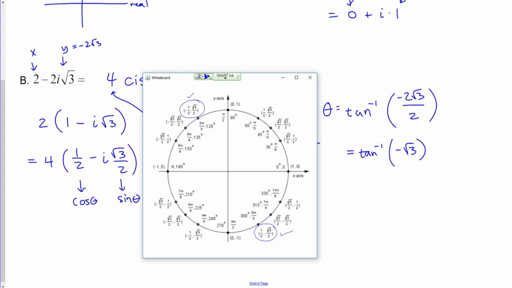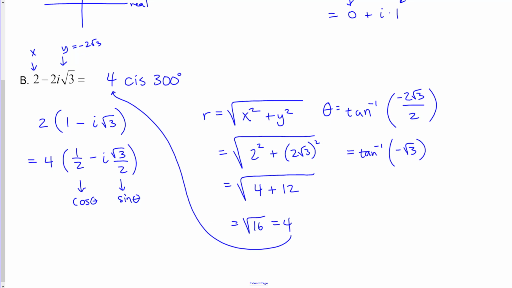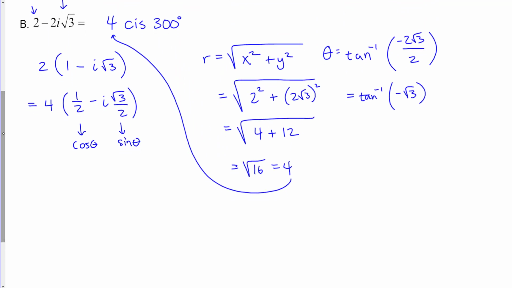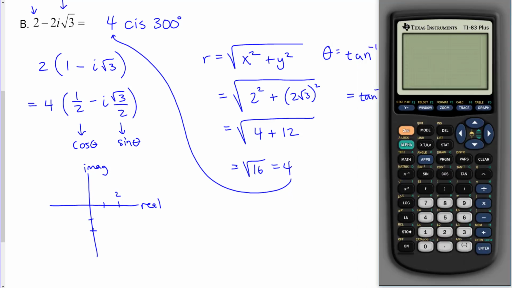In order to know which one it is, you have to know what quadrant you would be lying in. So for instance, if I drew this point out on a real and an imaginary plane, then it would be 2 on the real axis and -2 root 3. So 1, 2, 2 times √3. Let me estimate that, so I just know where to approximately put it.